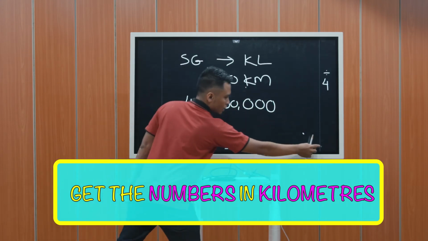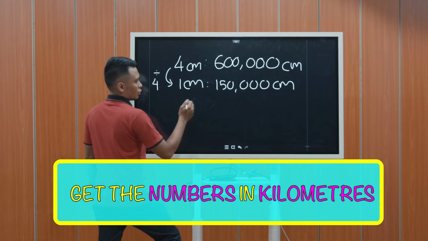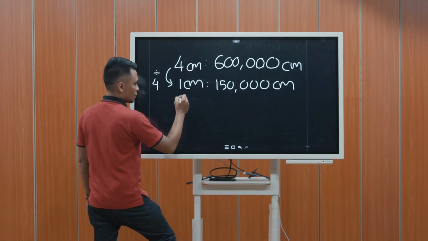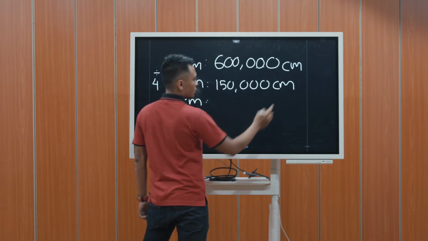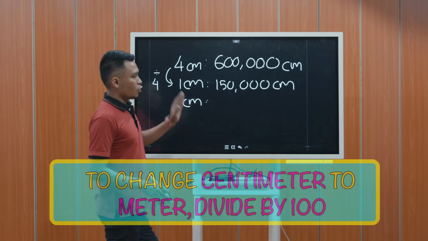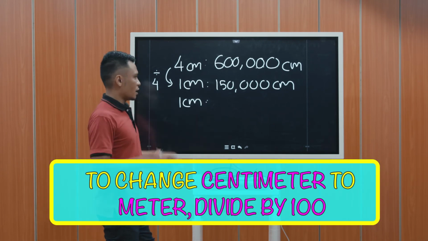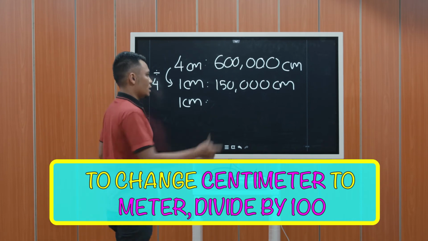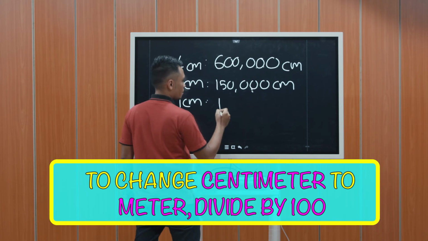So now you need to get it in kilometers. Okay? So, as we learned just now, 1 centimeter you maintain. To get this in meter, I remind again, always do it step by step, unless you have done it hundreds of times that you have processed it in your head. I divide it by 100 first, remove 2 zeros, I will get 1500.